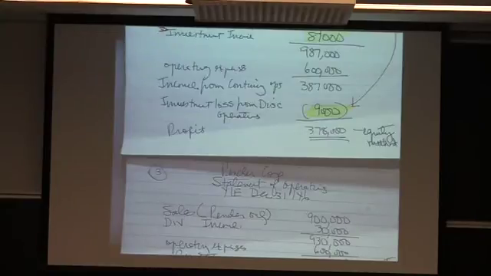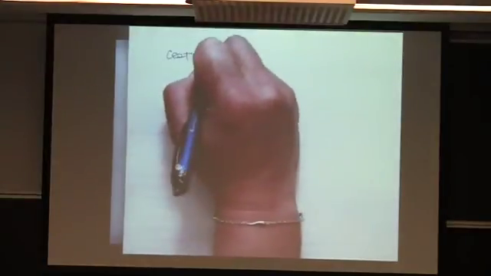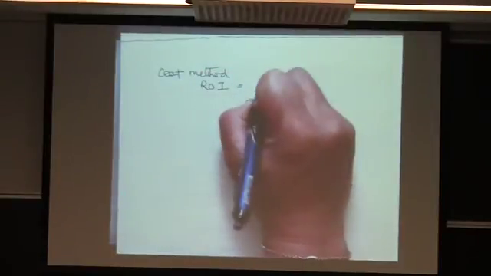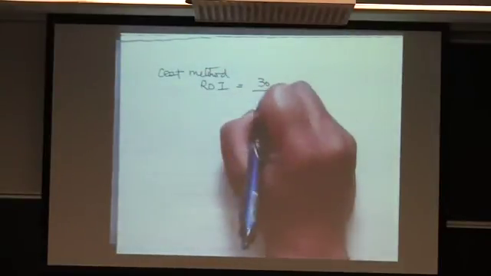And you'll see that if we want to complete this question, the return on investment under the cost method, the ROI, is 30 divided by the investment.